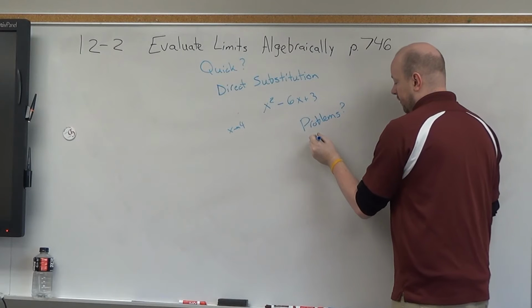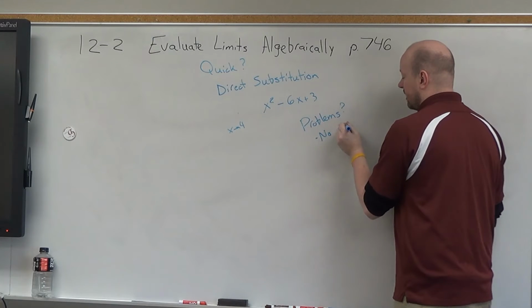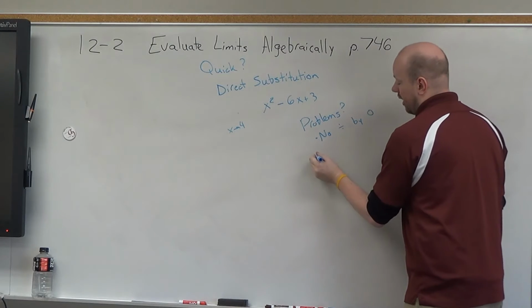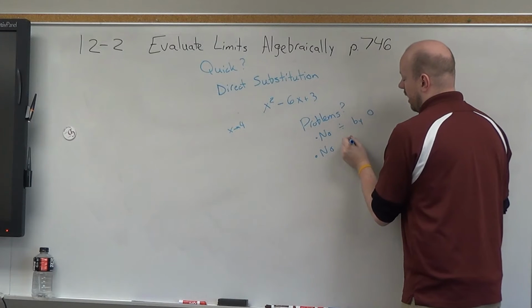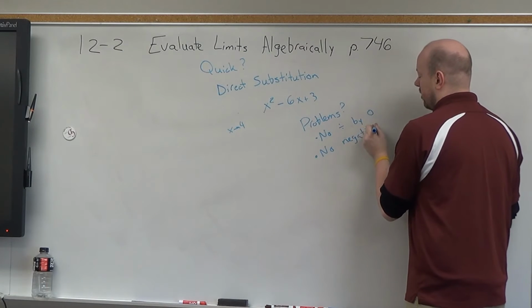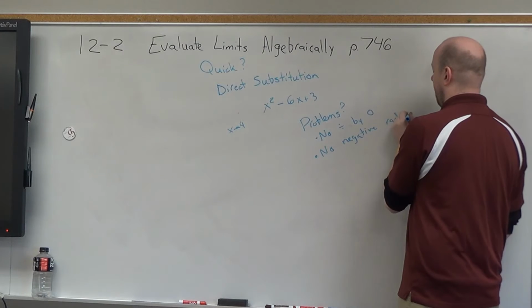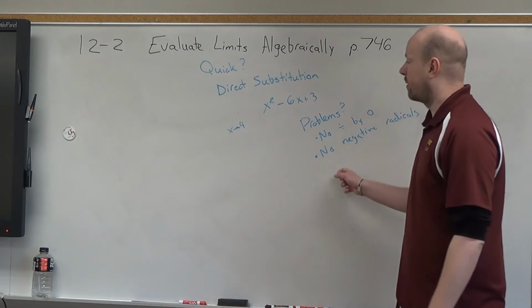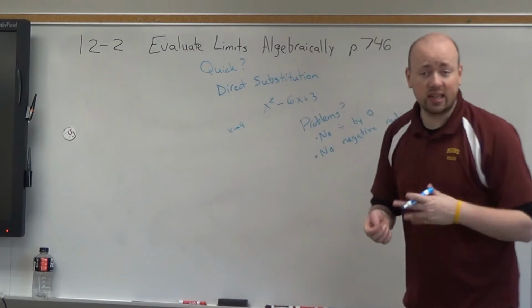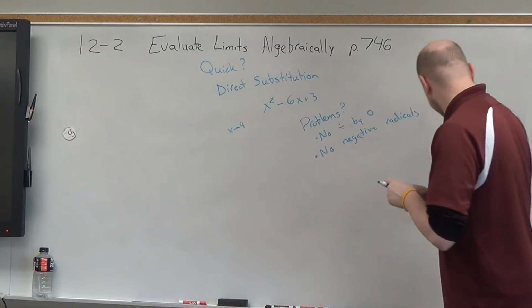We can't: no dividing by 0, and no negative radicals. So those are the problems with direct substitution. If you don't have anything like that, just plug it in right away. Just go for it.